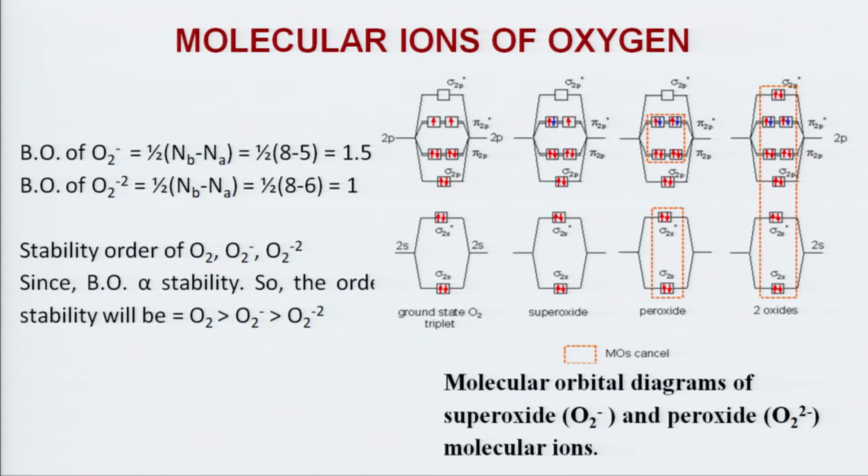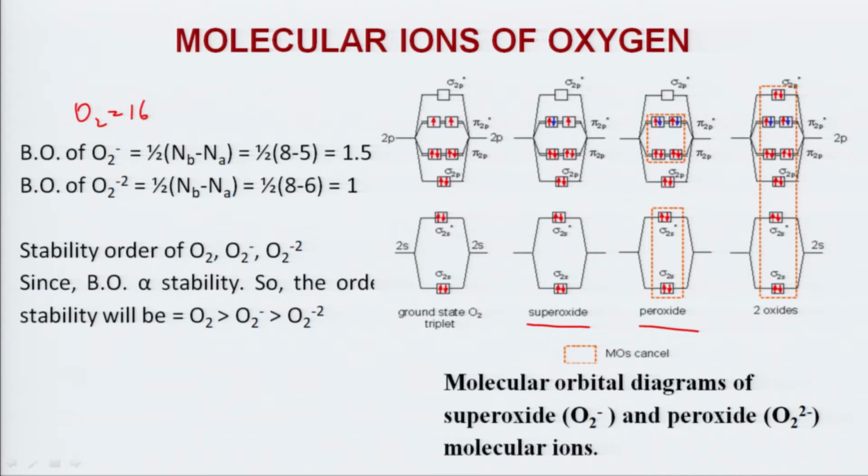The first one is known as superoxide and the second one is peroxide. You can see it here also, superoxide and peroxide. Now, superoxide has one extra electron, that means you have O2 and you add one more electron to it.